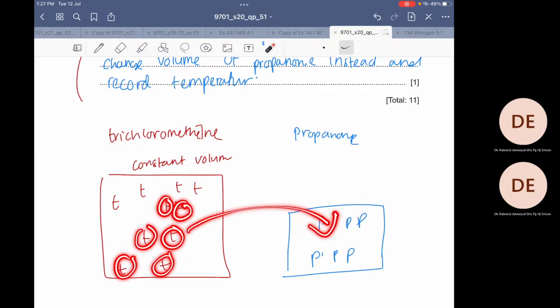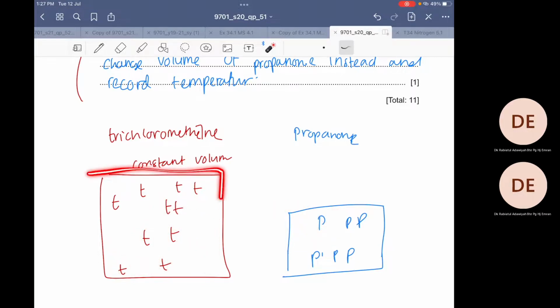So the reason why they want to change the volume of propanone is because they want to keep the volume of trichloromethane constant. Even though the number of moles are constant, the number of moles that reacted with propanone changes depending on how much propanone I have.